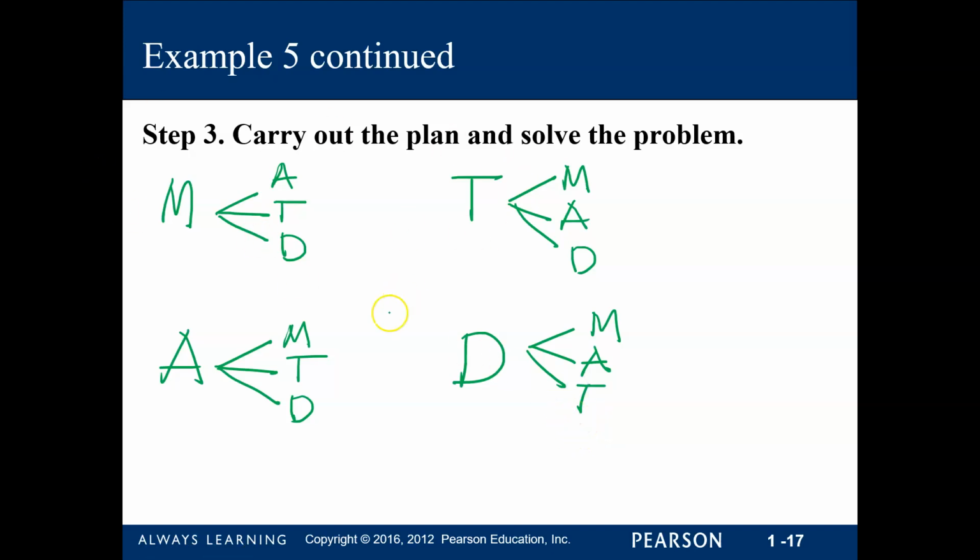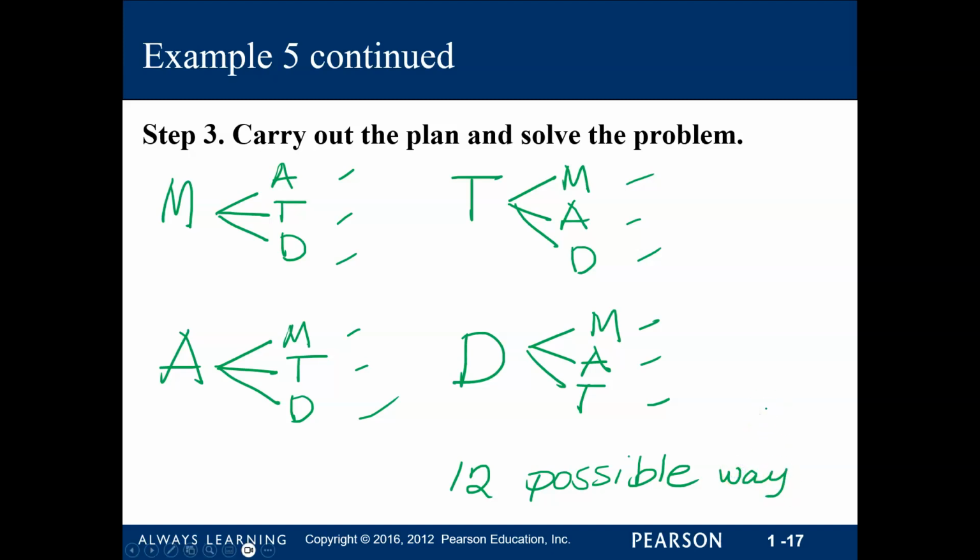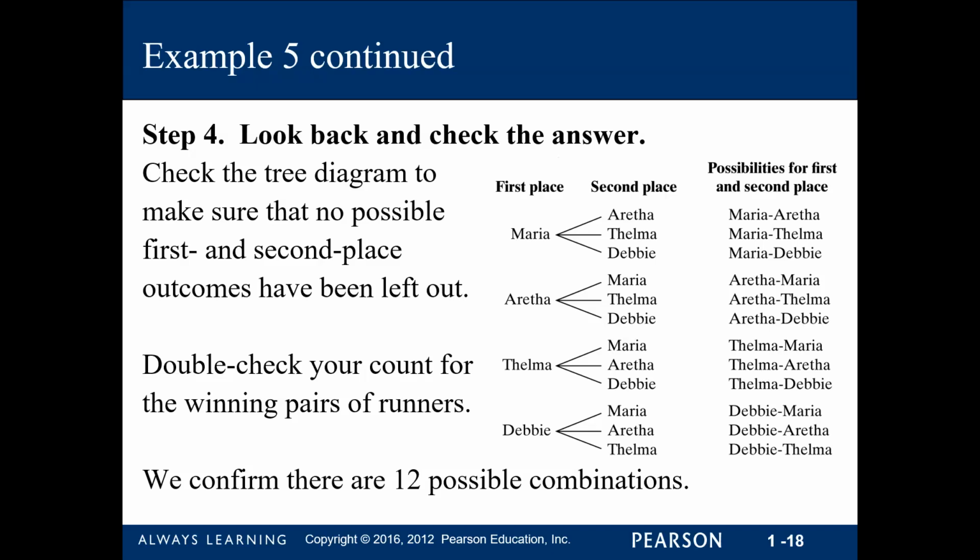So these are all the possible ways the girls could be arranged as first placers and second placers. How many all in all is that? 1, 2, 3, 4, 5, 6, 7, 8, 9, 10, 11, 12. So there are 12 possible ways the girls could win as first placer and second placer in the race.